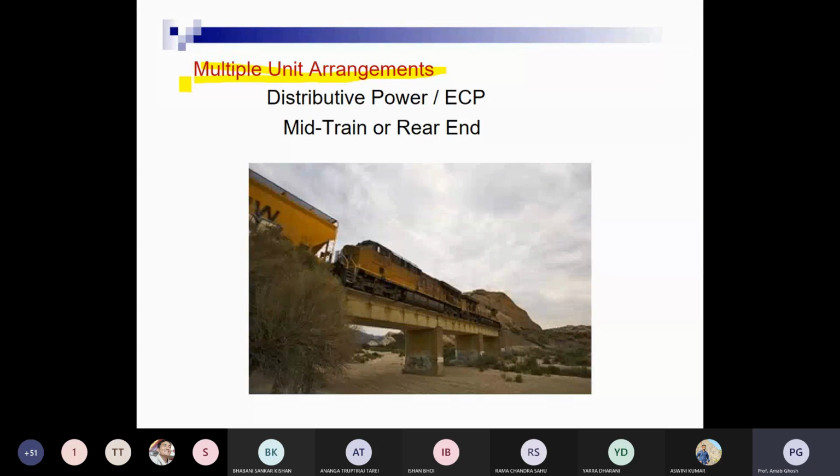So that's why distributed power is important. Distributed power means one locomotive can take responsibility for another few bogies. If you travel in any fully AC train, you can see at the end of that train a coach having one car called the generator car, like Rajdhani, the Duronto.